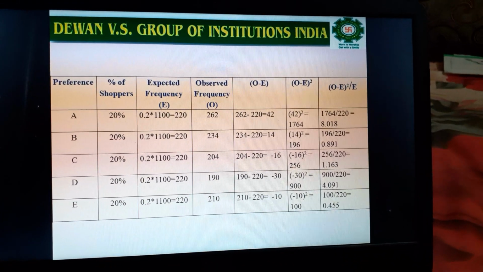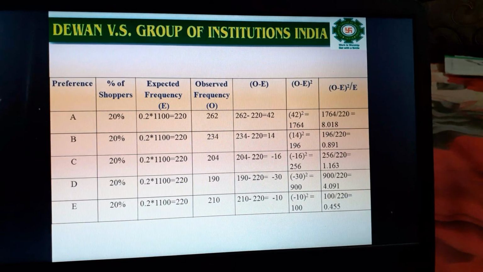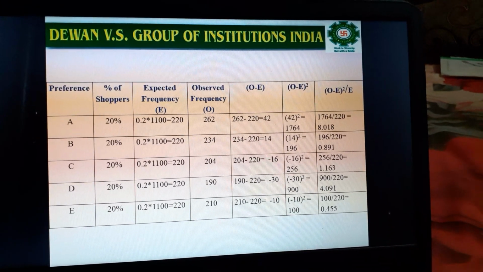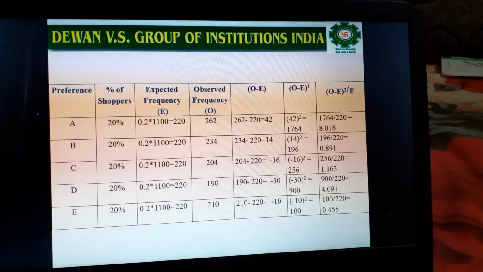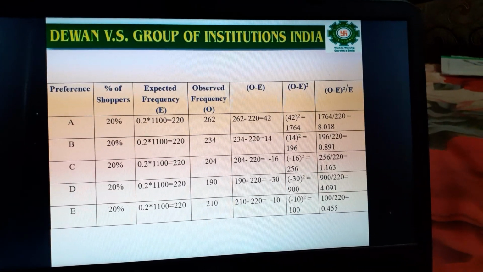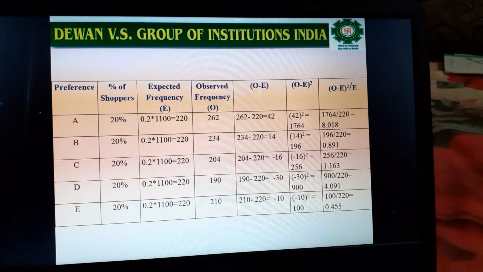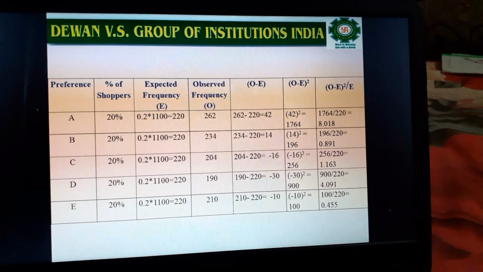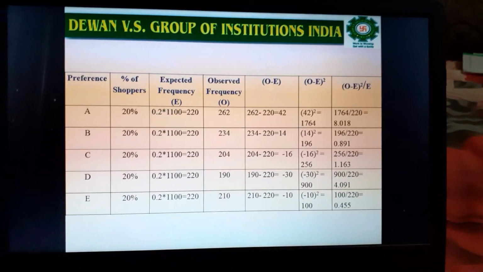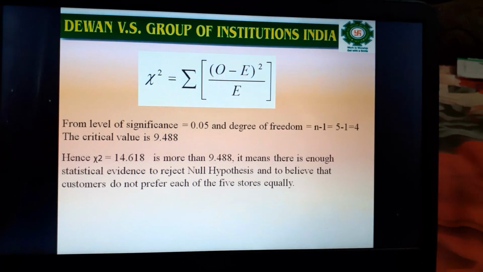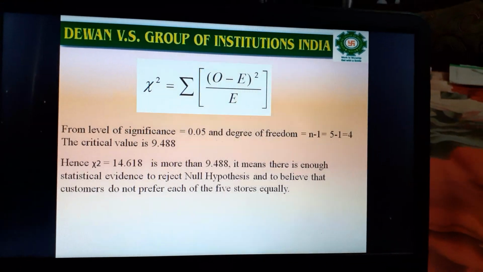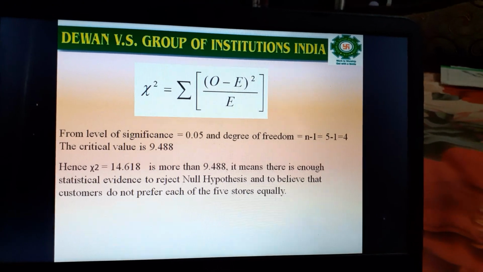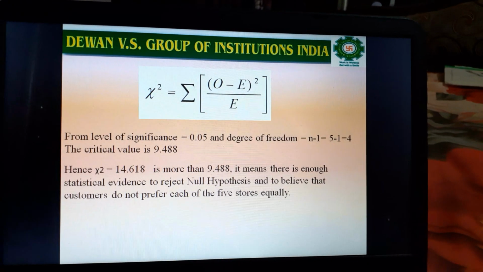For store A, that is 8.018; for store B, 0.891; for store C, 1.163; for store D, 4.091; and for store E, 0.455. So the calculated chi-square, the summation, is 14.618.